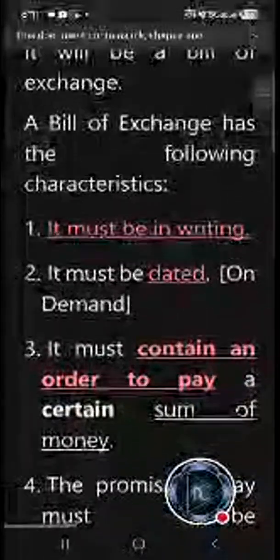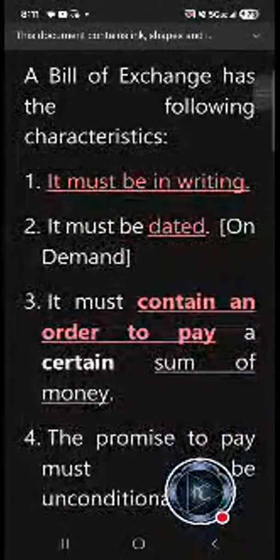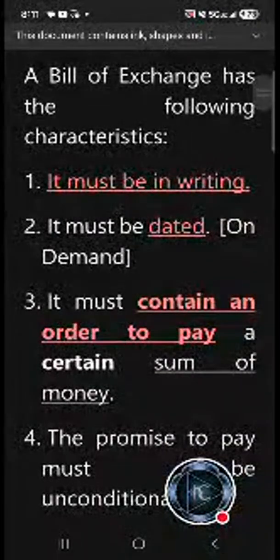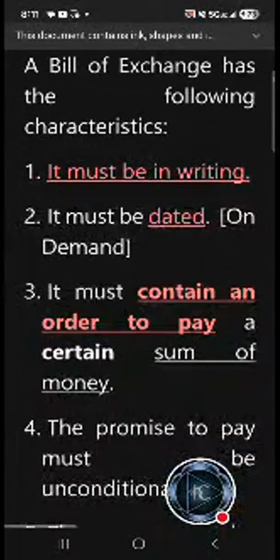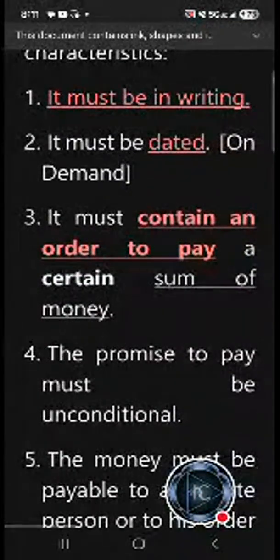We were going over the criteria for a bill of exchange. A bill of exchange has the following characteristics. We've already discussed it must be in writing, it must have a date or terms of initiation, like the words on demand.